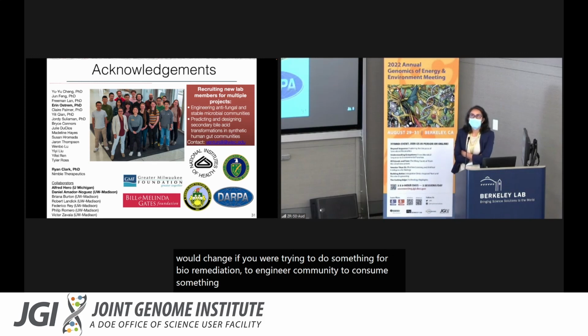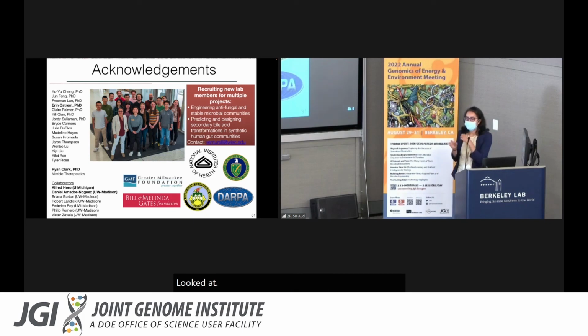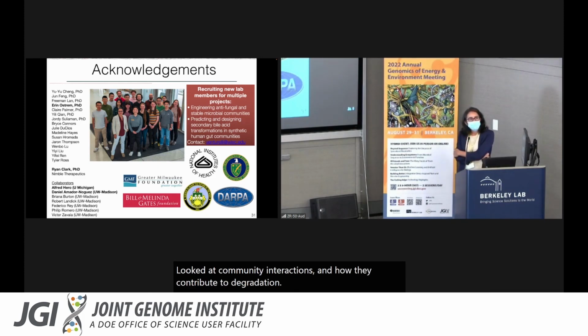We are looking at degradation of toxic metabolites. We're using a different strategy where we're engineering a metabolic pathway for degradation of this toxic metabolite. But we haven't looked at community interactions and how they contribute to degradation. I would expect that usually these degradation pathways are specialized pathways, so they're in very unique microbes.